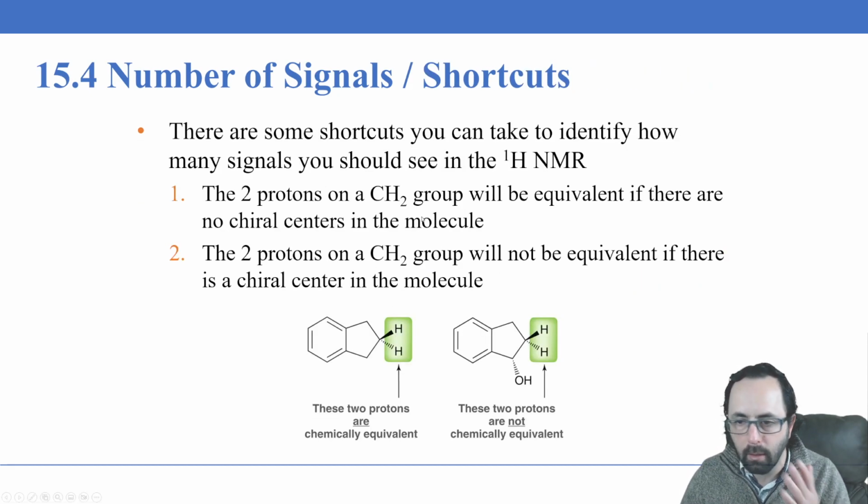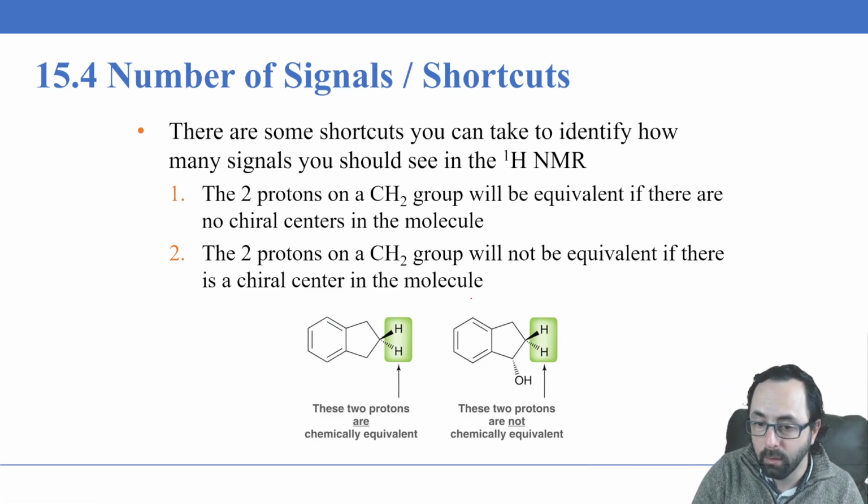So just very quickly, let's see if there are any chiral centers in the molecule. If there are, then two geminal protons will no longer be chemically equivalent. The two protons on the CH2 group will not be equivalent if there are chiral centers in the molecule. Here we can see that this molecule has no chiral centers. All of these carbons are sp2 hybridized, so they cannot be attached to four different groups.